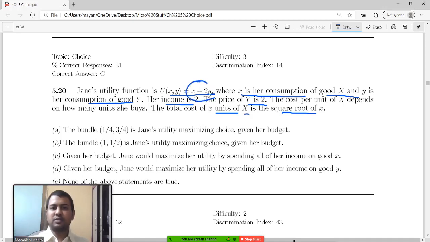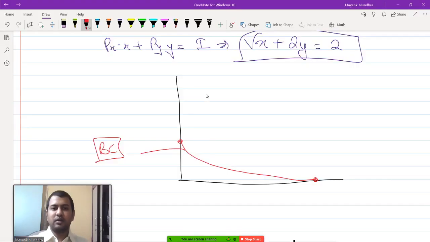Now utility is x plus 2y. So the maximum utility for the function x plus 2y, the indifference curve would either be like this or it could be steeper.